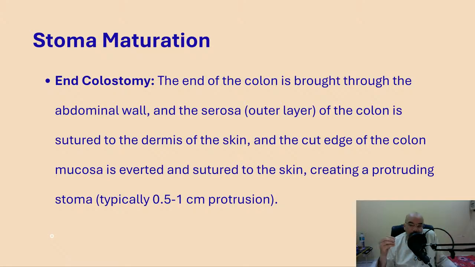It is also important here to know about stoma maturation, which is what will happen within the stoma itself over time. The stoma will not stay in the same condition from day to day; there will be some changes.